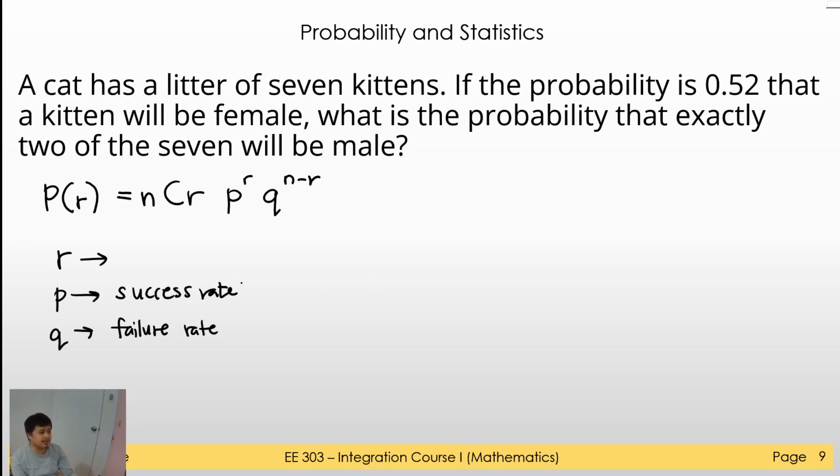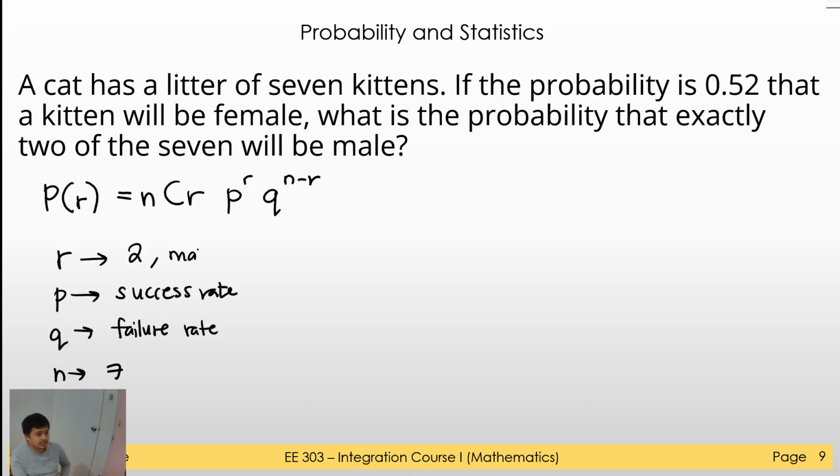So for this problem, what are R, P, and Q? N here is the total number of kittens, which is 7. We are interested in the probability that exactly 2 of the 7 will be male, so R here should be 2.